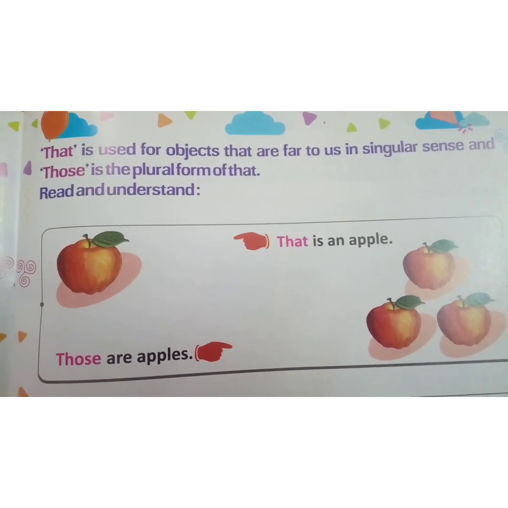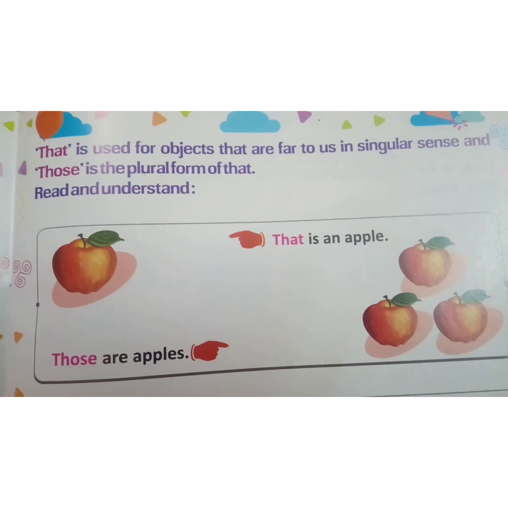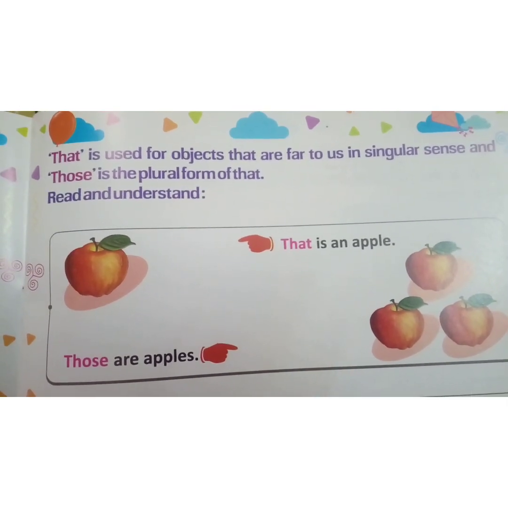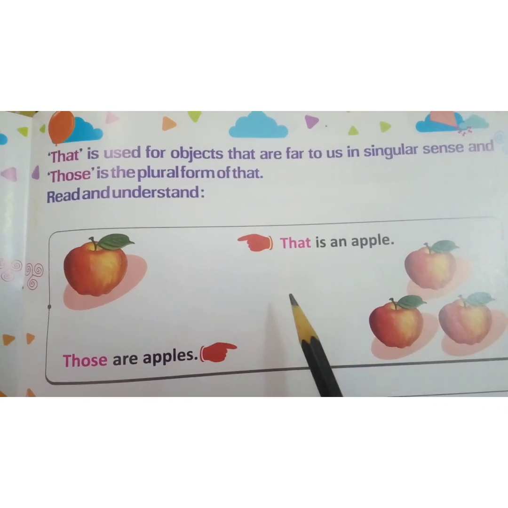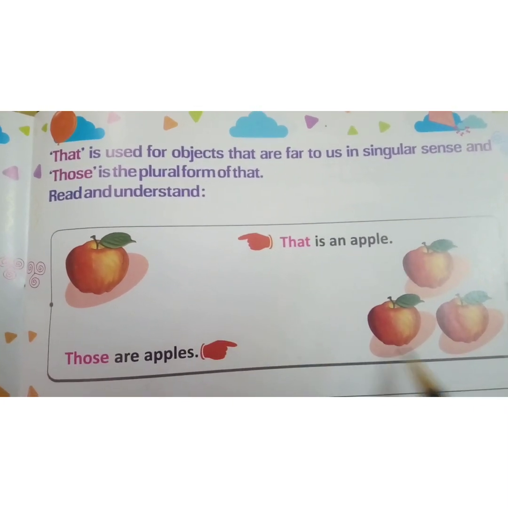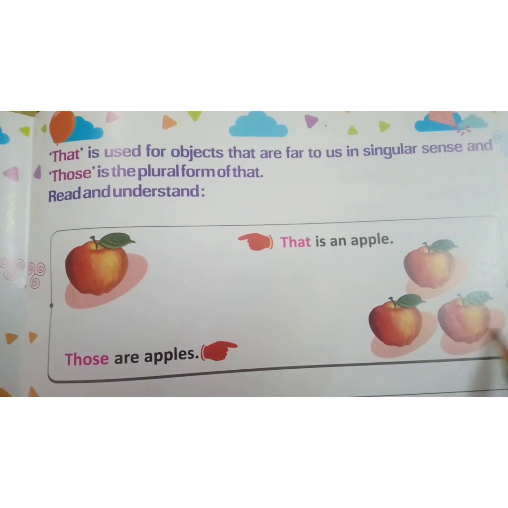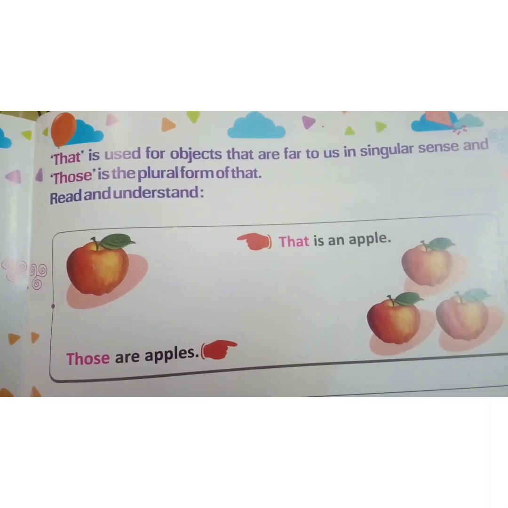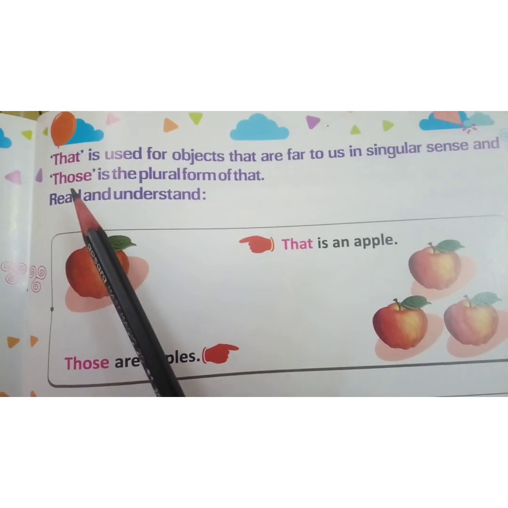When the object is far and the object is only one, that time only we will use that. But when the object is far but the objects are many, we can see many objects, we will use those.